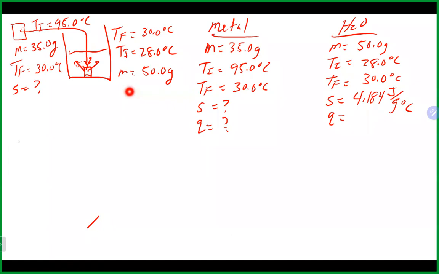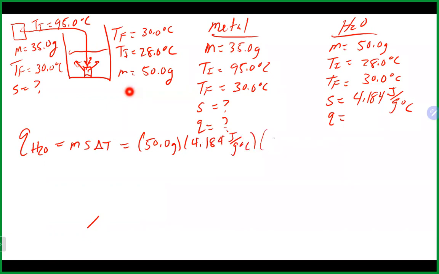So if we do that, Q for the water equals m s delta T. So in my example here, we got our 50 grams. We have our 4.184. And we have our final temperature, which is 30, minus our initial temperature, which is 28.